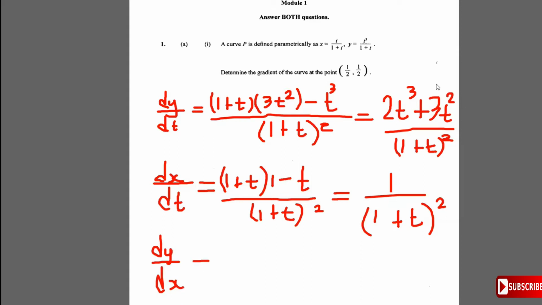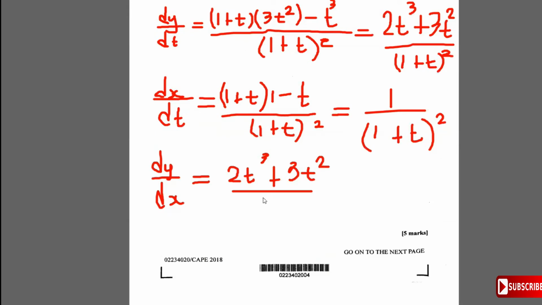So it's going to be 2t cubed plus 3t squared, over (1 plus t) all squared, multiplied by dt/dx. dt/dx is going to be (1 plus t) squared over 1.